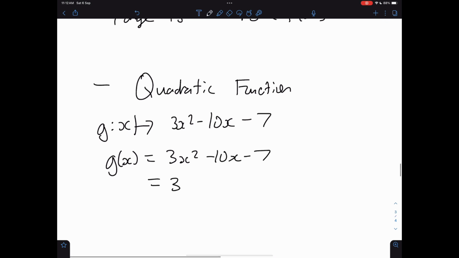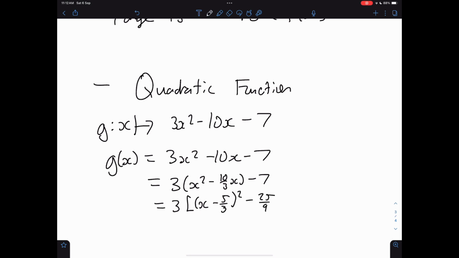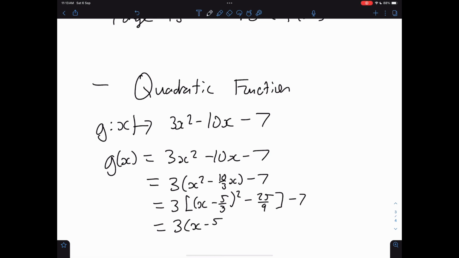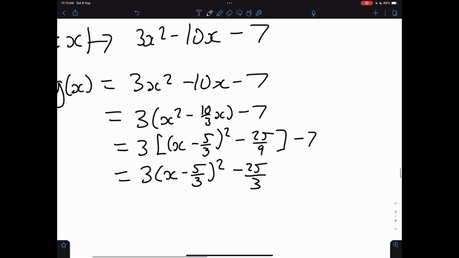We begin to complete the square. Make sure you keep this neat.